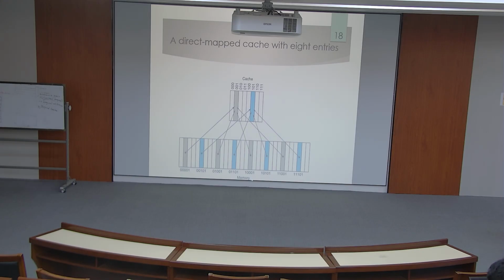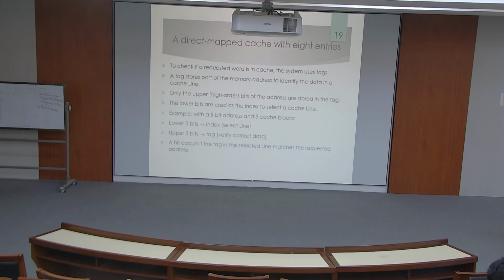That means block number 8 from the main memory will be loaded into cache line 0. Then we have block 8 here in the cache line. Make sure you understand this.